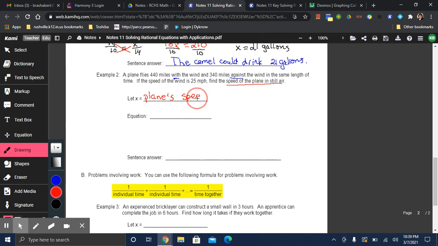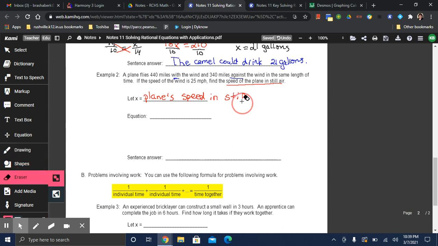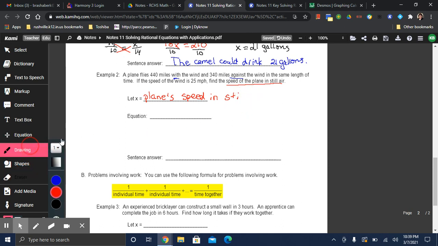in still air, and what we're looking for in the relationship for the equation is that the time against the wind was the same as the time with the wind.